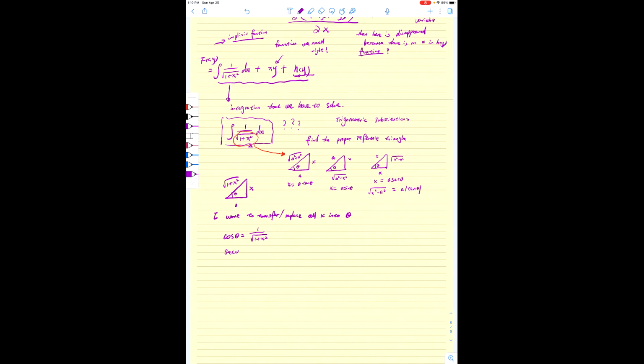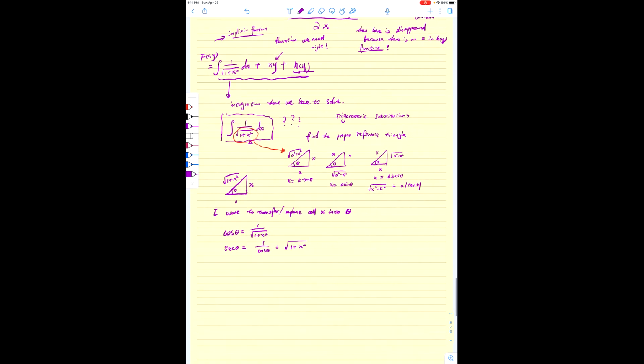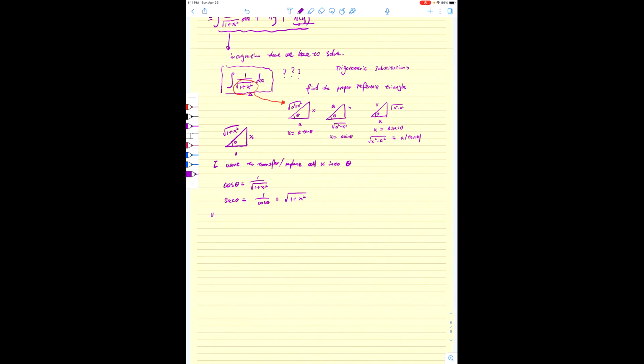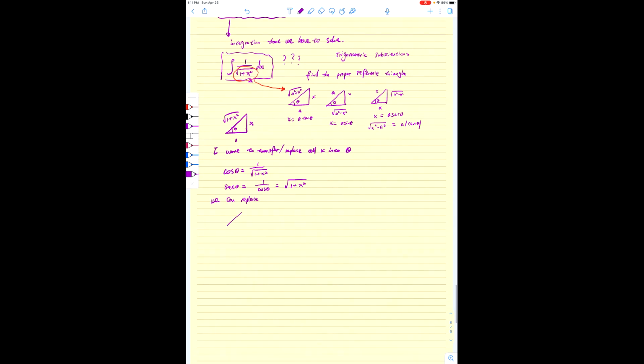And sec theta, which is 1 divided by cosine theta, is equal to this. We can replace. So sec theta dx.